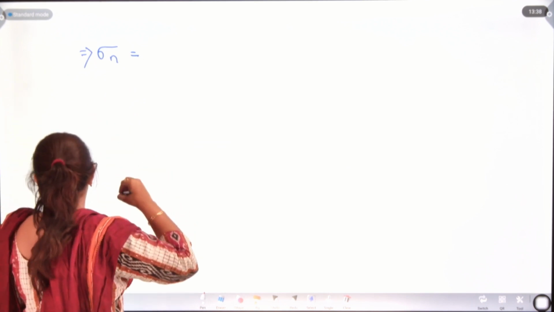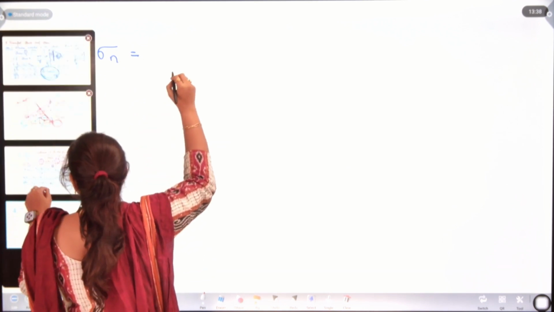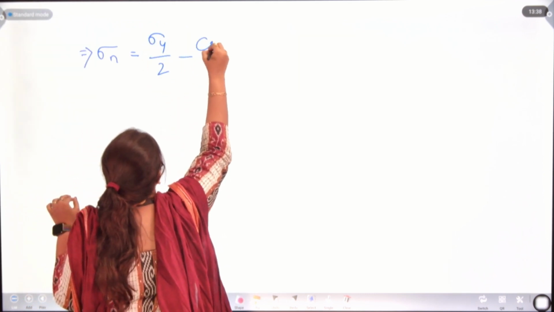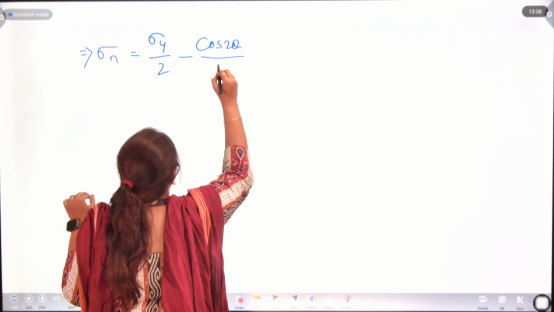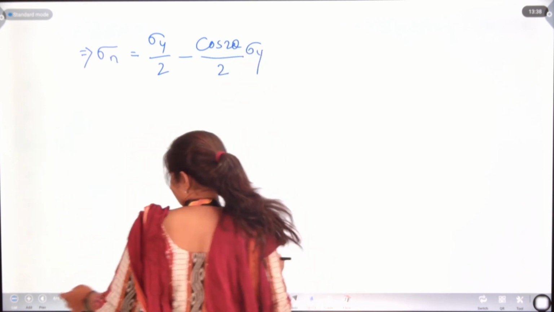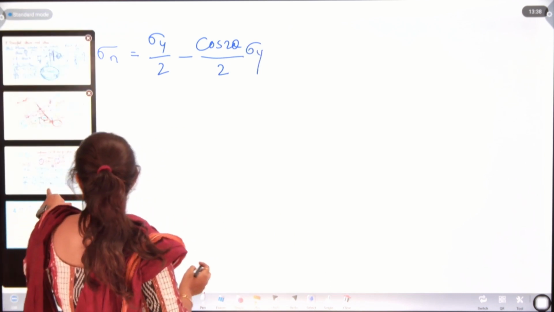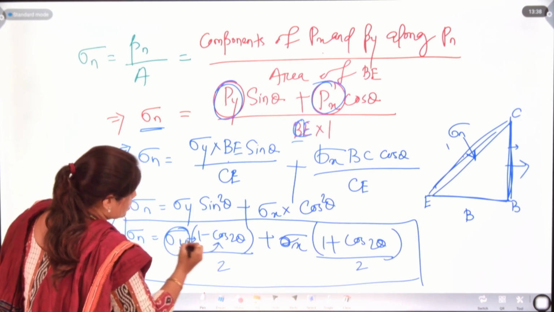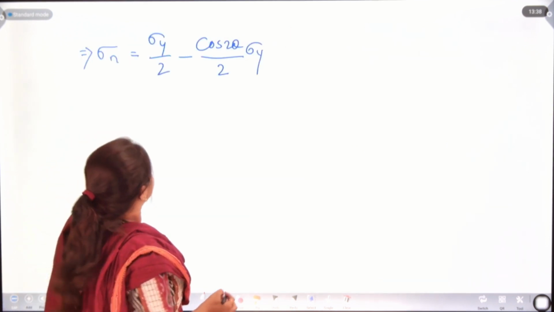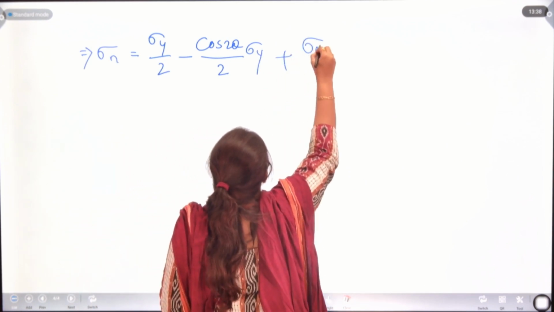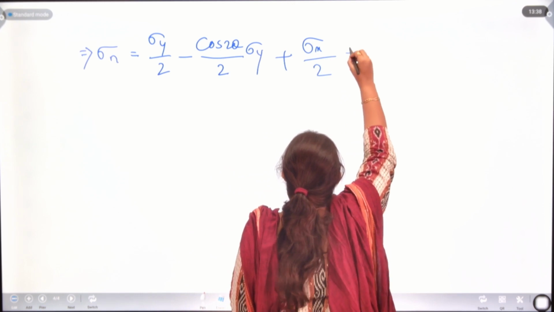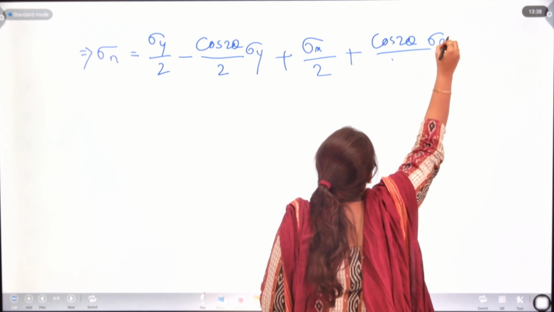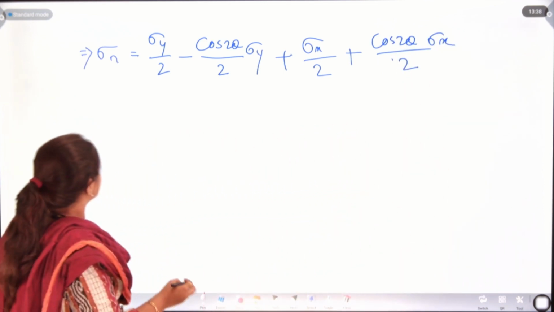So our sigma n will be sigma y upon 2 minus cos 2 theta upon 2 into sigma y, plus sigma x by 2 plus cos 2 theta multiplied by sigma x divided by 2, right?